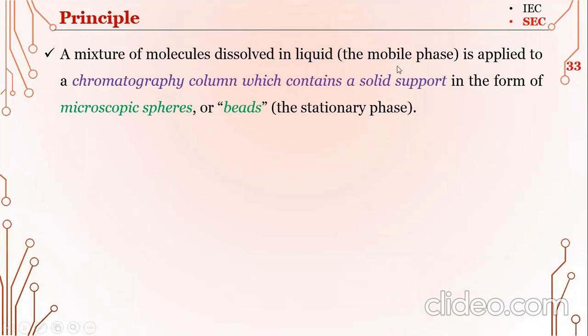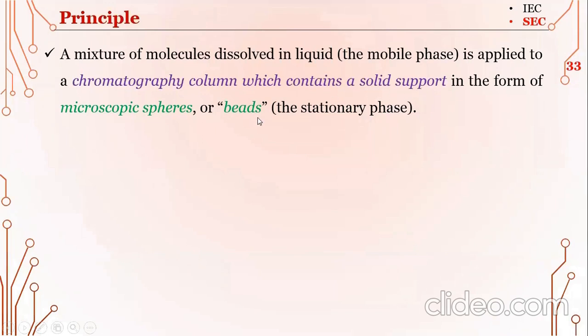It is applied to the chromatography column, which contains solid support in the form of macroscopic spheres or beads. So the column will contain the stationary phase, which will be beads or spheres bound with some solid support.